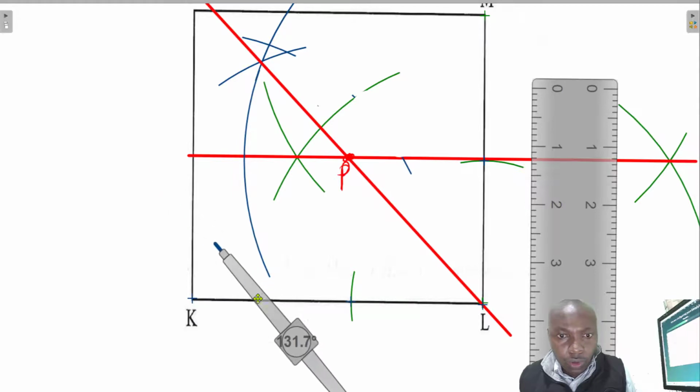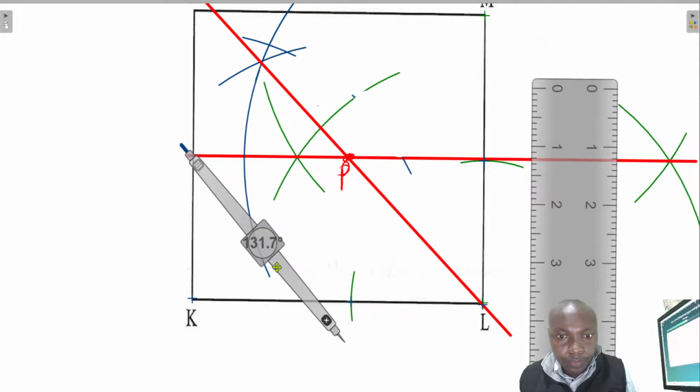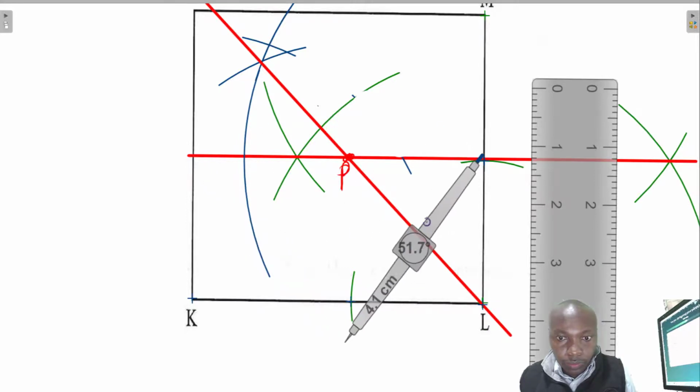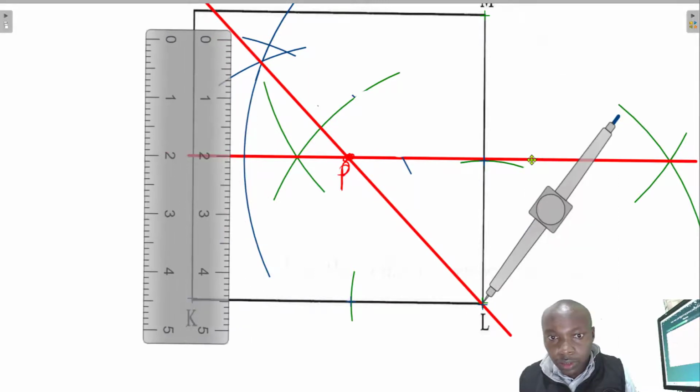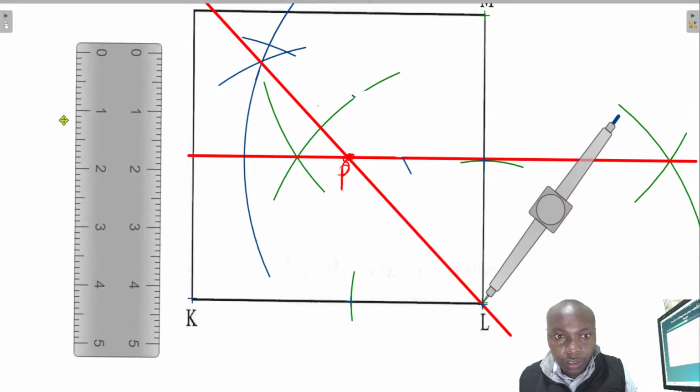We need to construct the bisector of KL, and this is how we do it. There are several arcs that I've not made there. So you stand here at K, at L, then you first get rid of these.